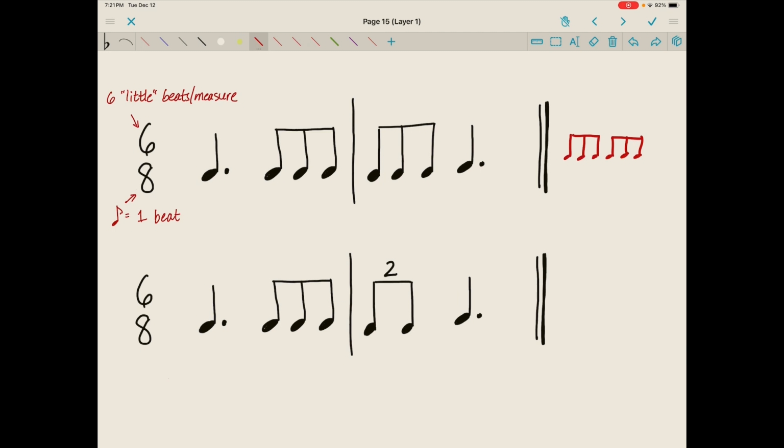And we therefore know, since those are our little beats, that our dotted quarter note will be our big beat or pulse note. We're in compound duple meter because there will be 2 big beats per measure. Our dotted quarter notes will be do, using our Gordon rhythm language, and our little 8th notes, our undotted subdivided little beats here, will be do, da, dee.